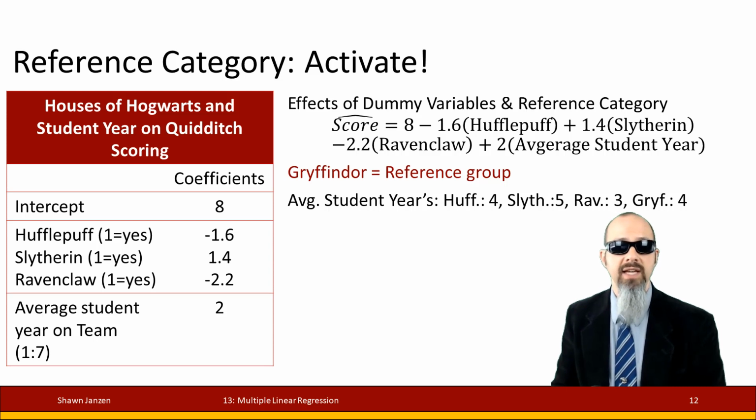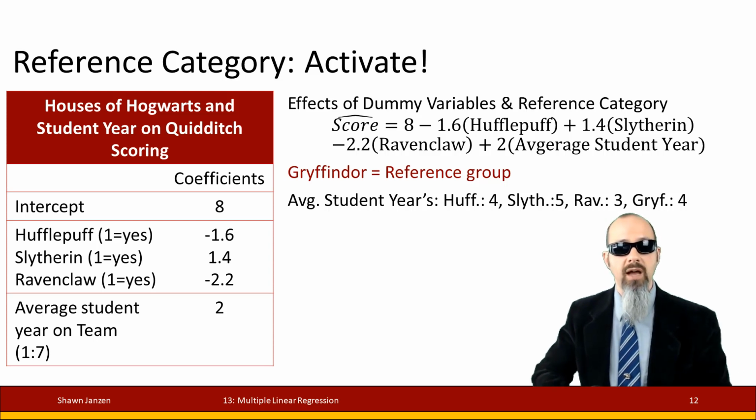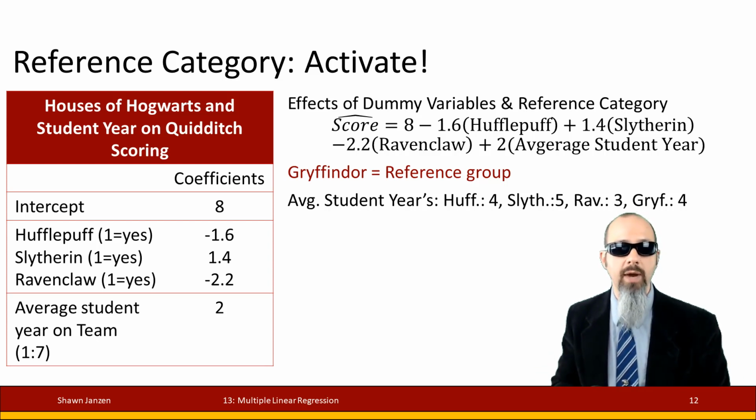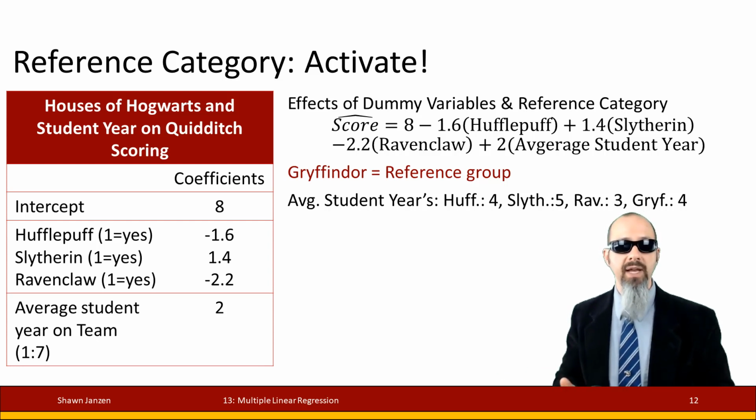And each of these houses has their own little Quidditch team. For those that aren't familiar with the world of Hogwarts and Harry Potter, these are little wizards and witches that ride around on their broomsticks, and this is the sport that they play. And so what we're going to use is just an example to predict how many points on average each of these 4 house teams might score.